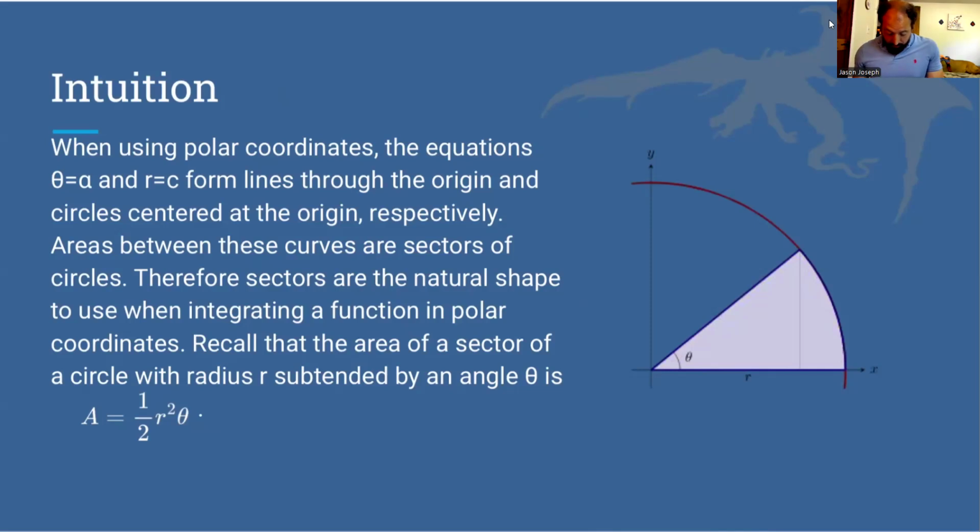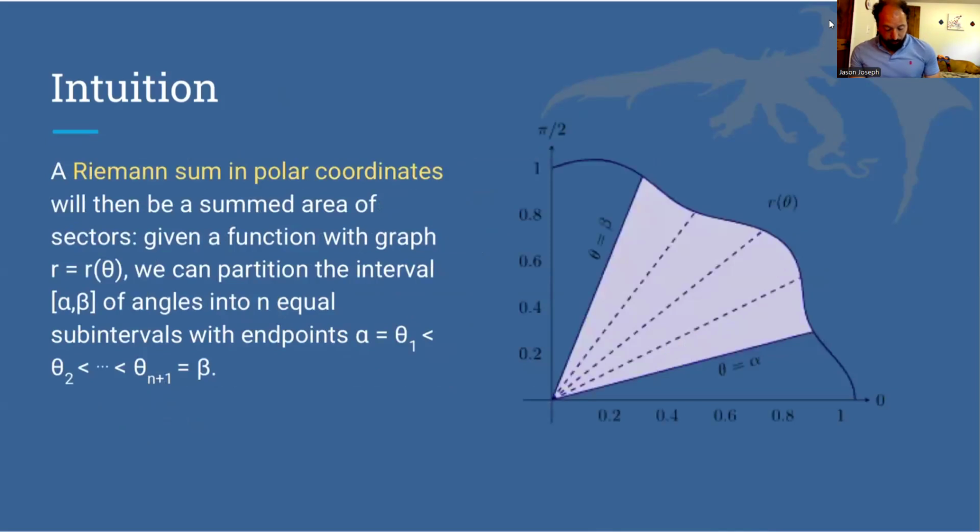That formula will show up in our integral, whereas before we just had the area of a rectangle is length times height. We didn't notice it as much with rectangular, but we're going to notice it a little bit more now.